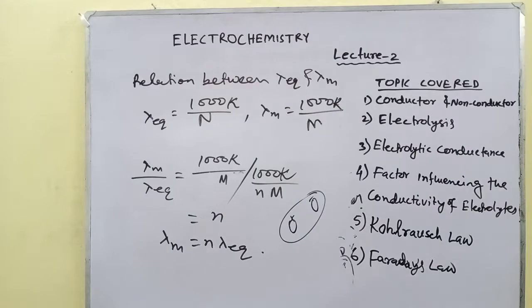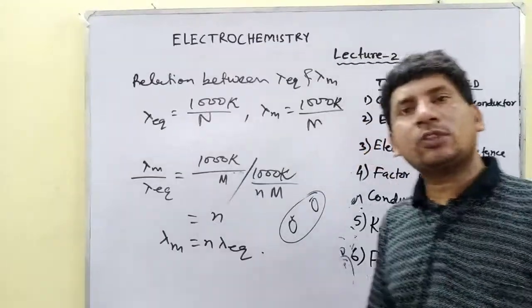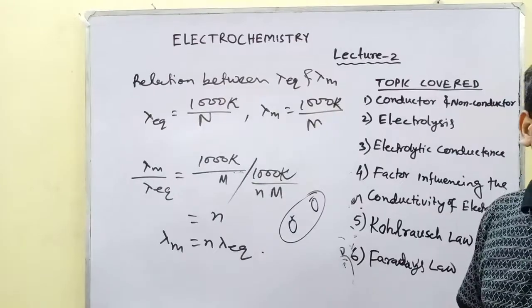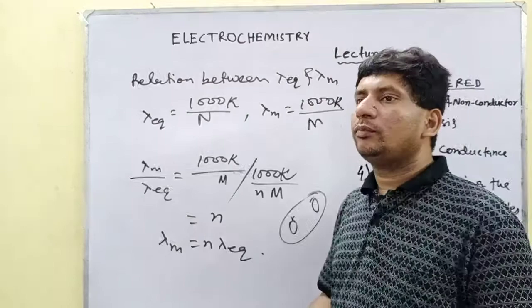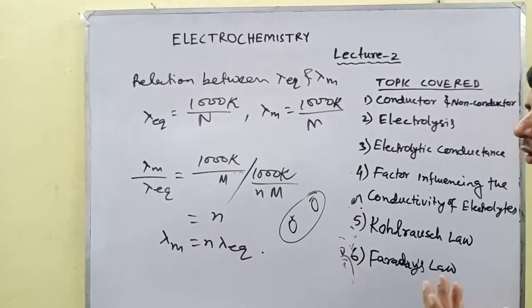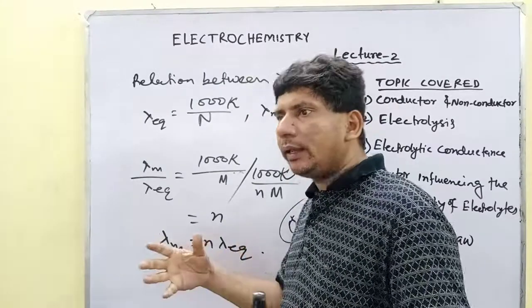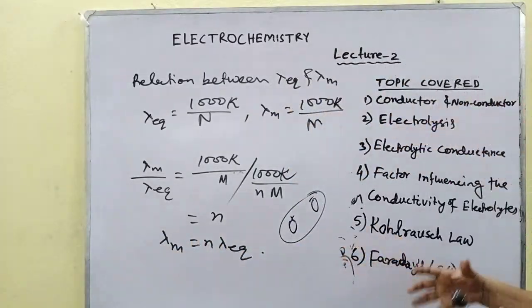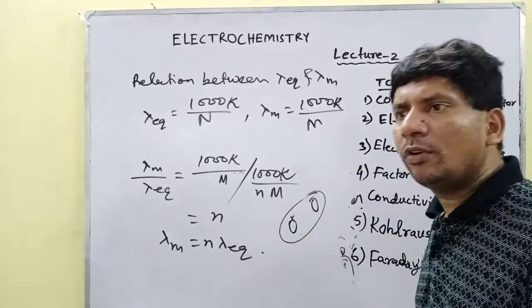And then polarity of the solvent. If the polarity of the solvent is high, then conductivity will be more, as the electrolyte can easily dissociate and move fast.